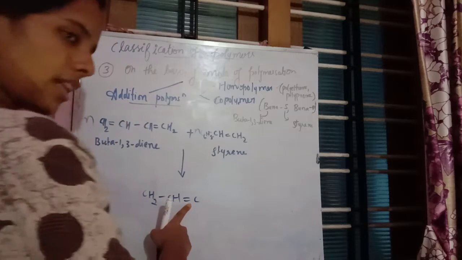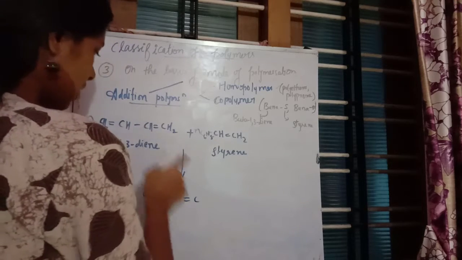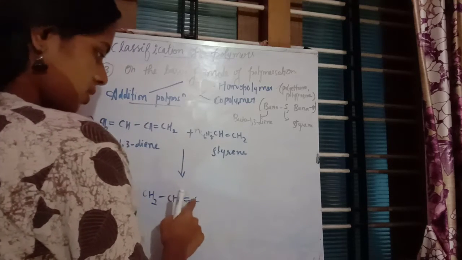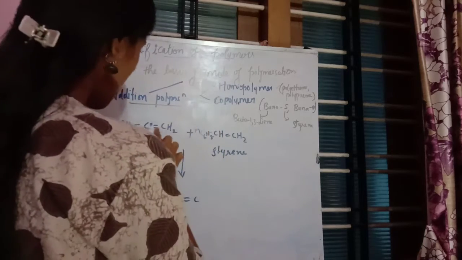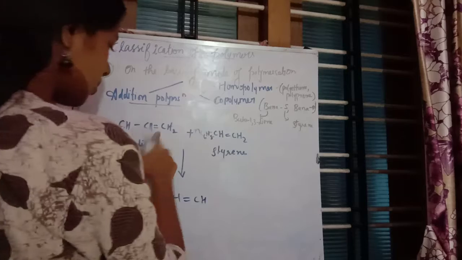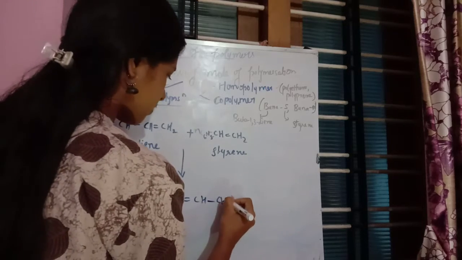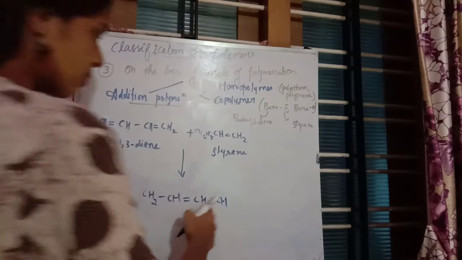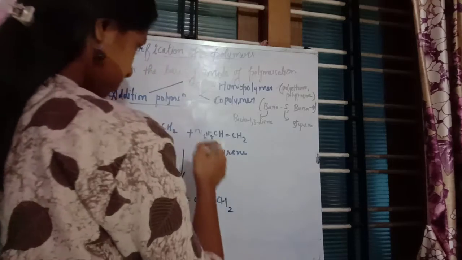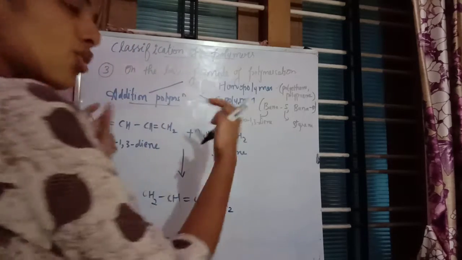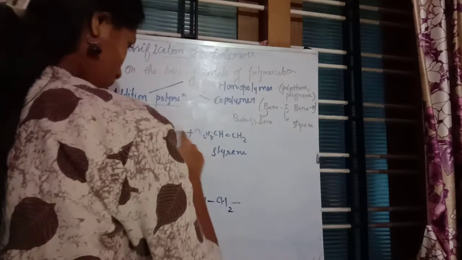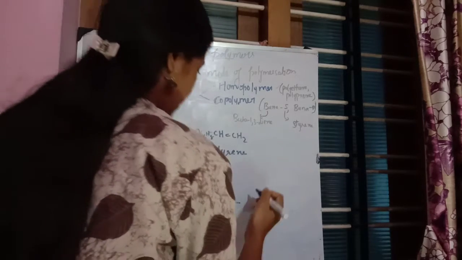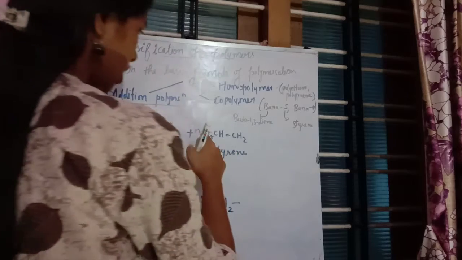So this double bond will come here. Here the double bond is removed, but a double bond forms. This carbon's 4 valency is satisfied. In CH double bond, put a single bond. Remove that double bond and I have put the single bond. CH2. And you have to combine these two monomers, then only it will become a polymer, right? So I have to combine these two monomers. Here we have C6H5. One second.